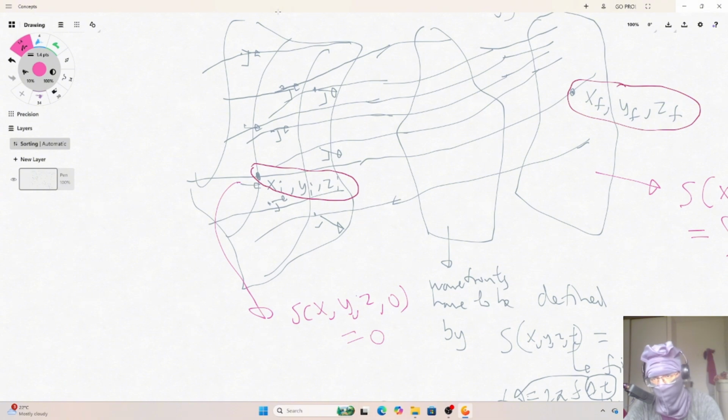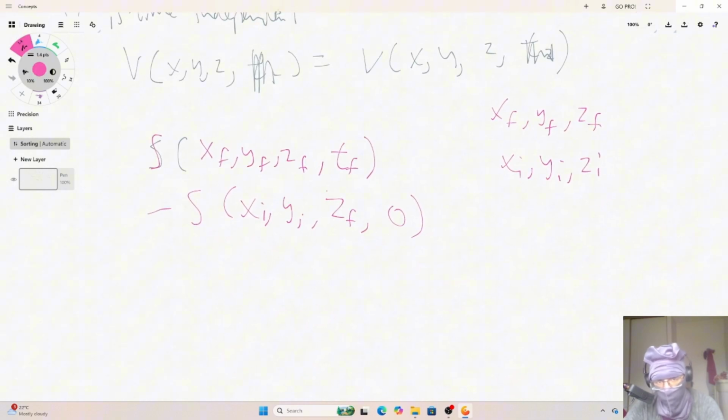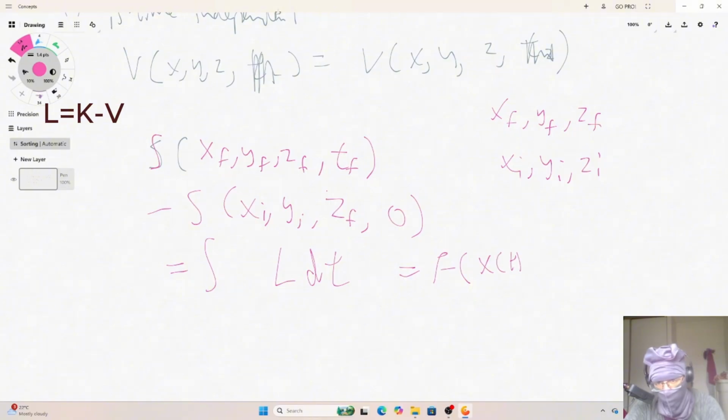So XF, YF, and ZF is a point on a further wavefront such that the path that goes through that wavefront, if we backtrack that path until we reach a wavefront where the time is exactly the time it took for the electron to reach the final point, then you will find that this is equal to what was actually the functional of the path. But the path has to go through these 2 points.